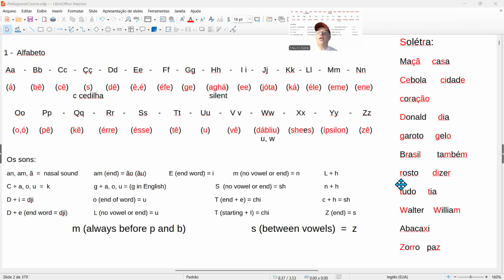R-O-S-T-O. Do you say rosto or rosto? Some people, depending on the part of the country, will say it differently, but in Rio, rosto. S alone in the middle of the word, with no vowel after it, will always sound like a sh.